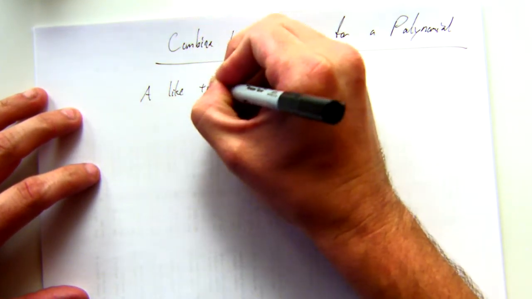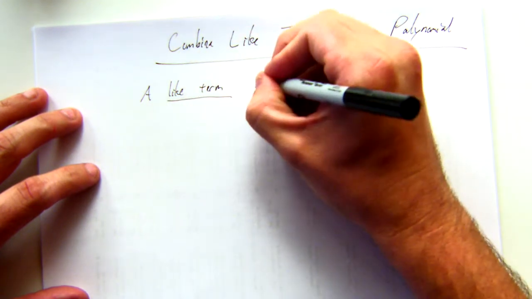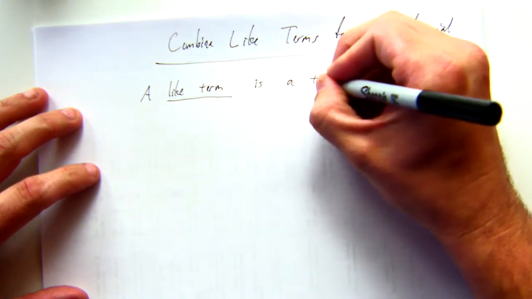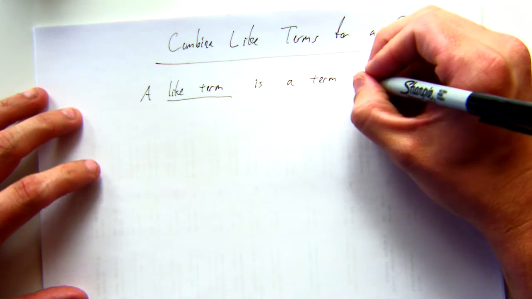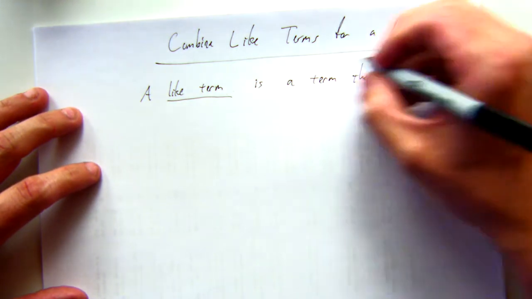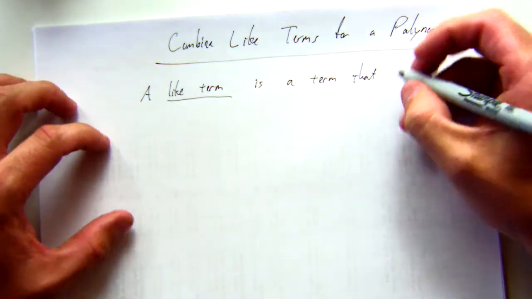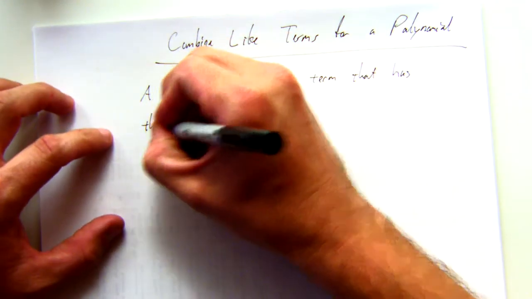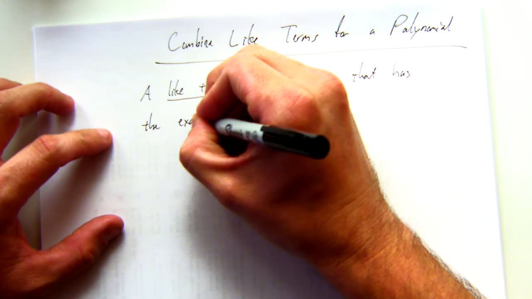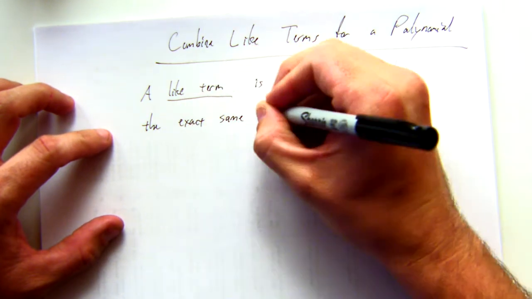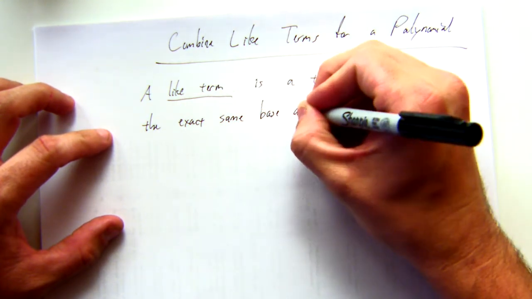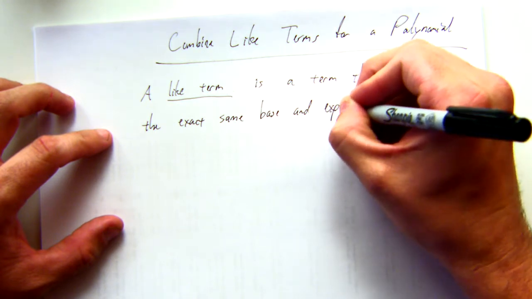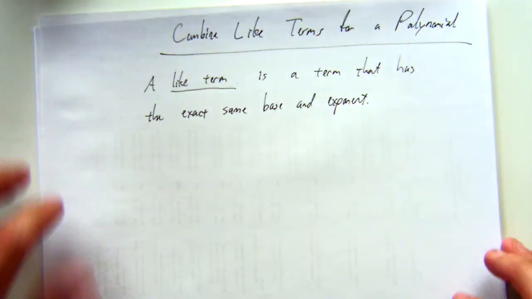A like term is a term, or more than one term, that has the exact same base and exponent. Okay?